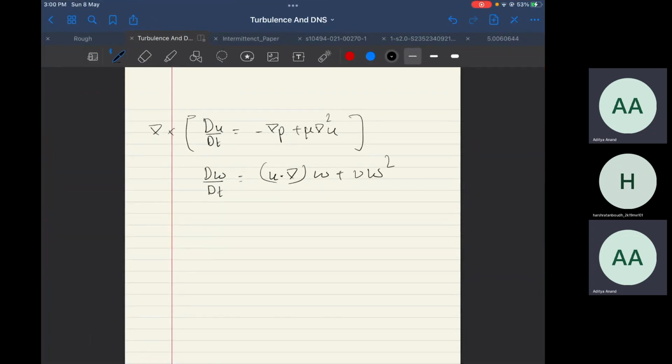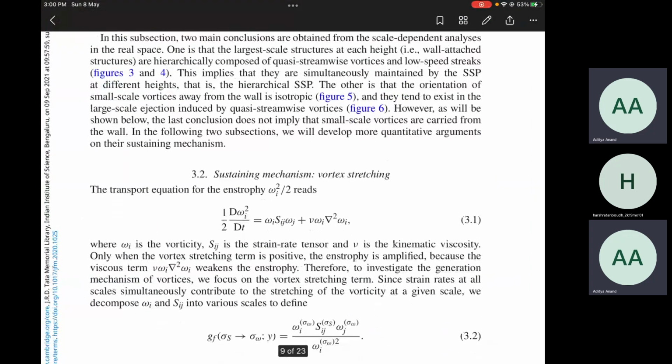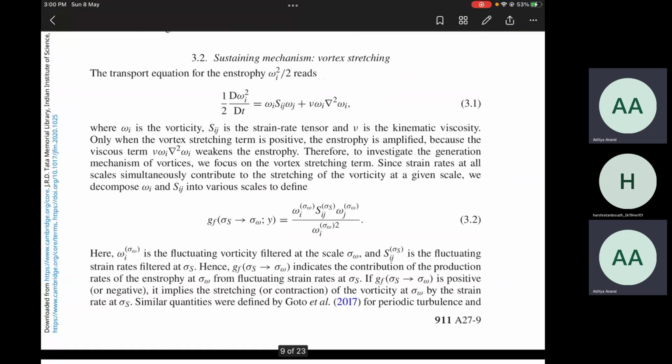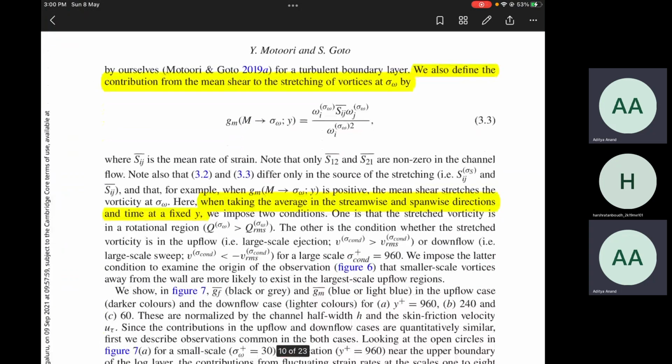Yeah, I think it was this one. You'll get some vorticity equation, and from this you can derive the entropy equation as well. So for this also you'll get some analogous term. Entropy generation term is there, and you can look at entropy as well.